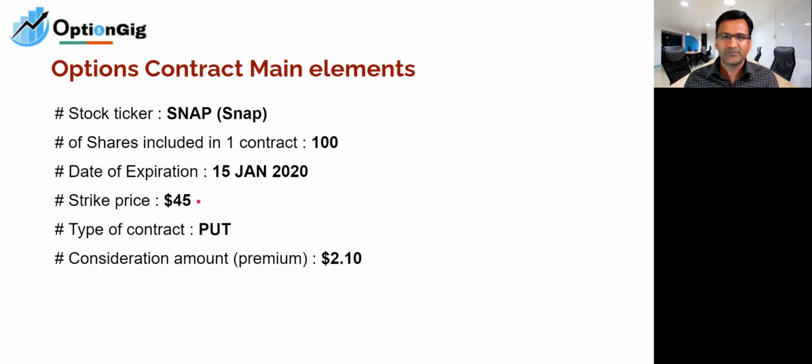You can pick at what price you want to protect or at what price you're okay to buy. It will tell you what the type of the contract is. Is it a put or is it a call? And then lastly, what's the amount of premium involved in this? So these are the basic main elements of any option contract.